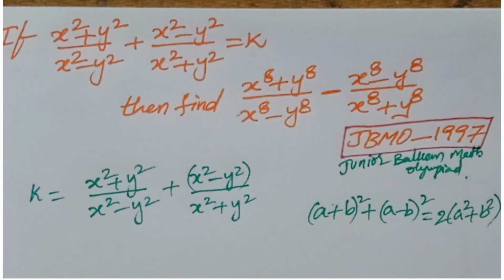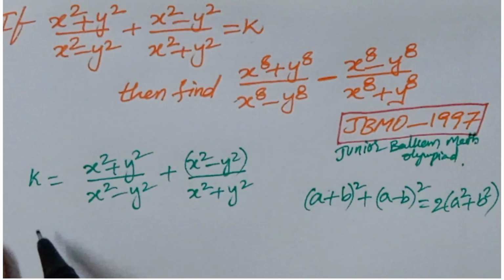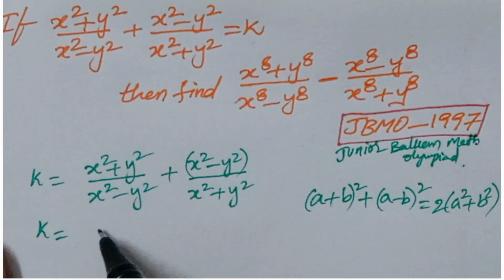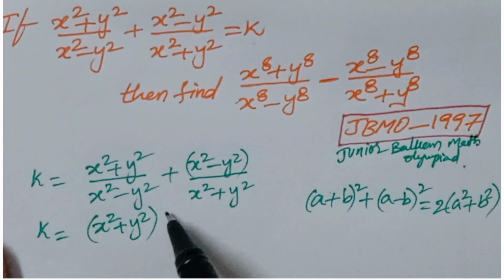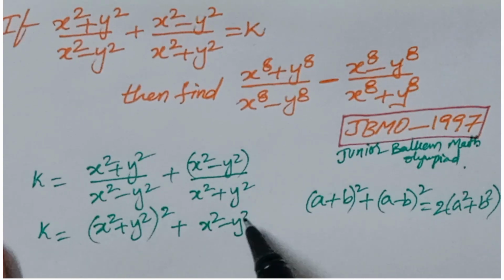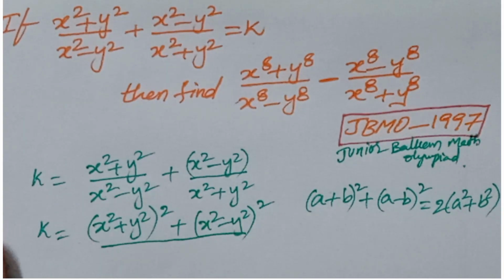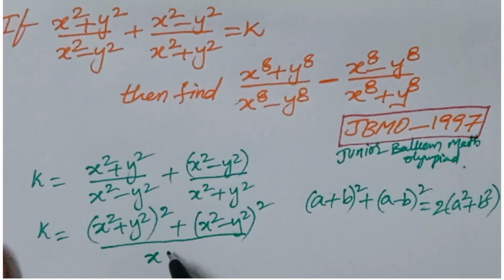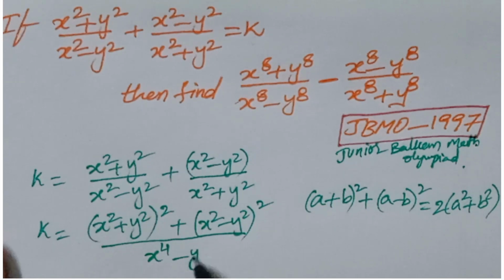You are getting the answer by using this type of formula. If you cross multiply, you will get ((x² + y²)² + (x² − y²)²) / (x⁴ − y⁴).